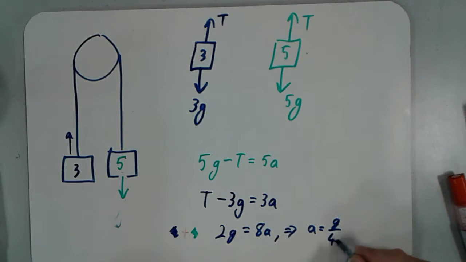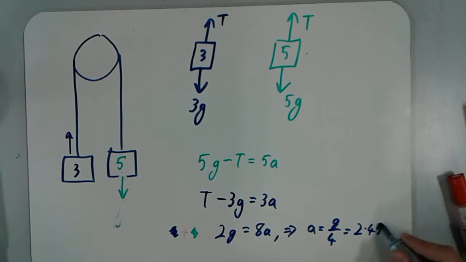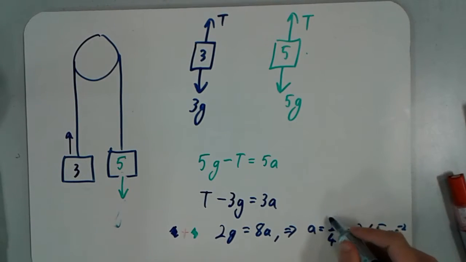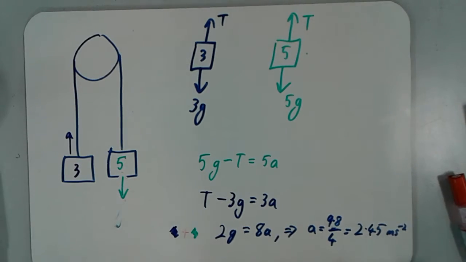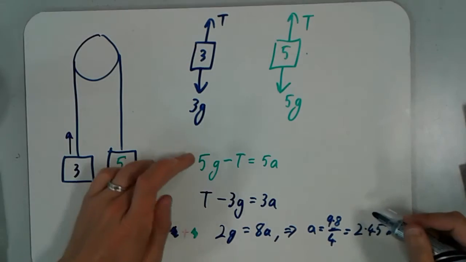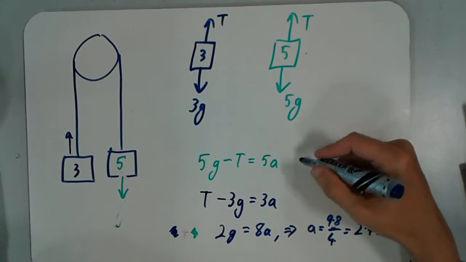meaning that a is equal to a quarter of g, which is 2.45 meters per second squared. Let's put that in as 9.8. So we've worked out our acceleration. Now if we want the tension, we can simply substitute our value of a back into either one of these. Let's do it in here.